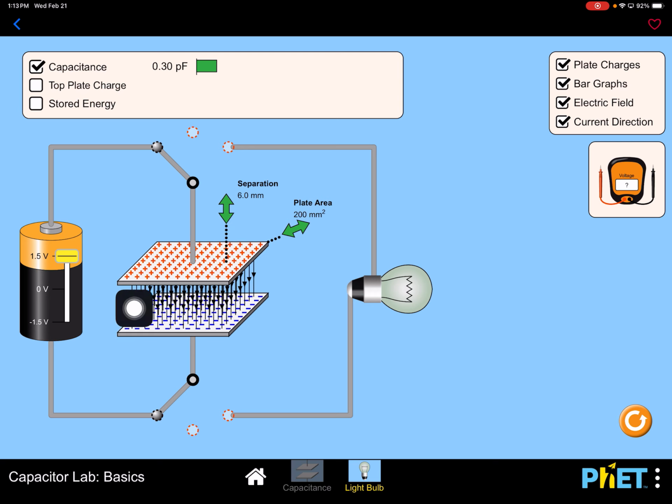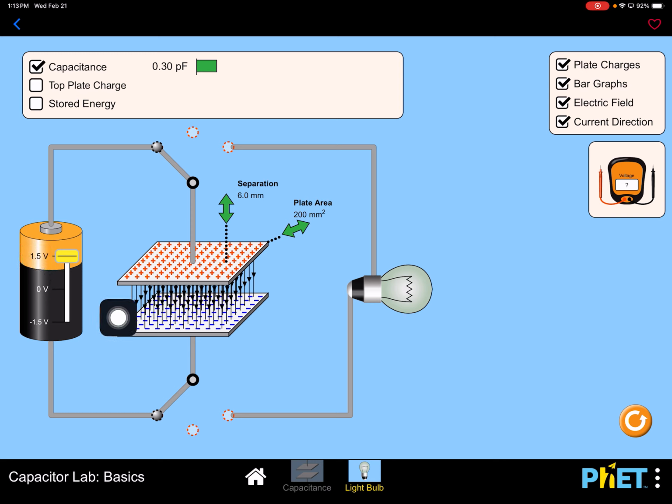And when the charges are collected, there's an electric field established. So why did this stop now? Why isn't charge continuously flowing and collecting till the battery dies? Charges flow till the voltage across the capacitor equals this 1.5 volts.